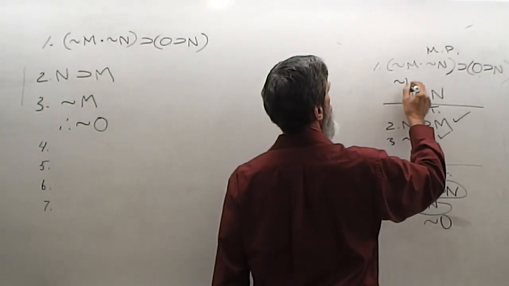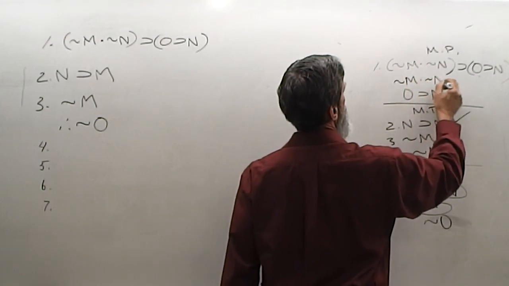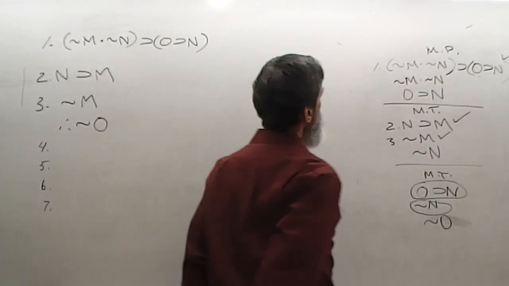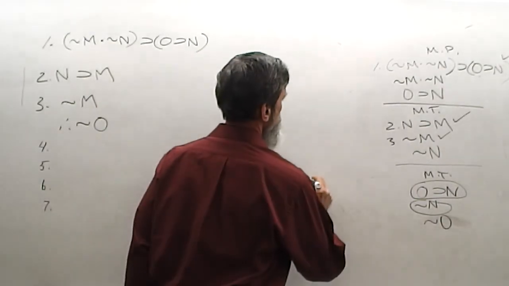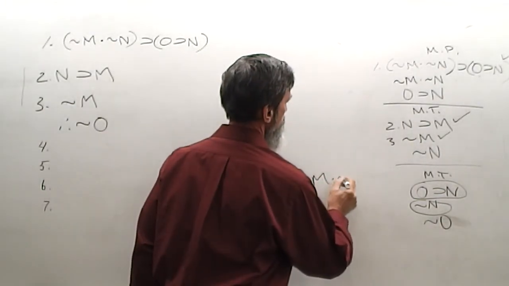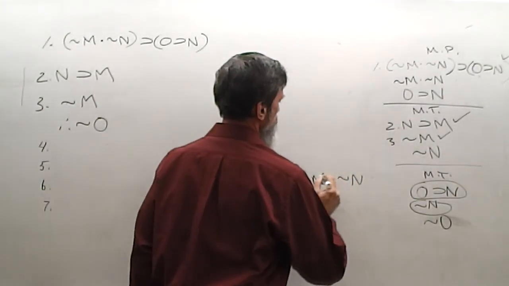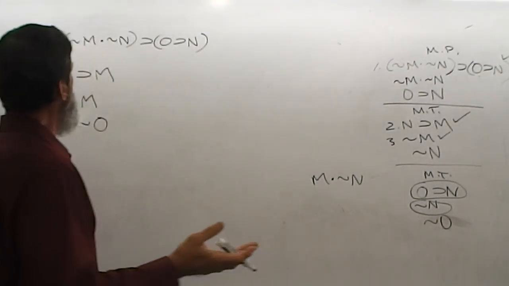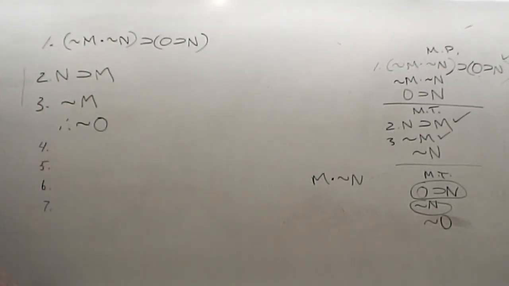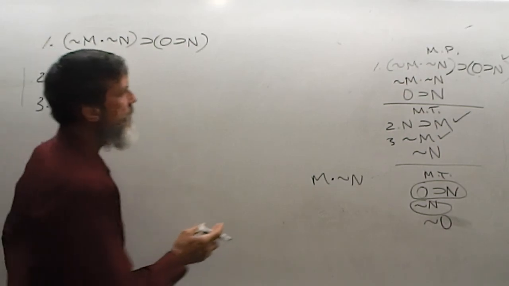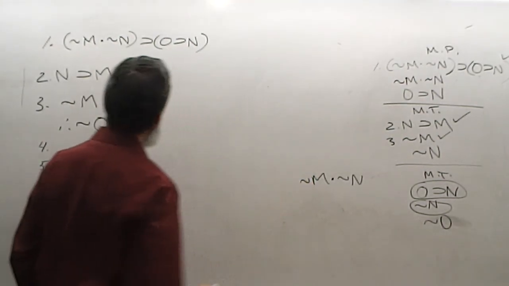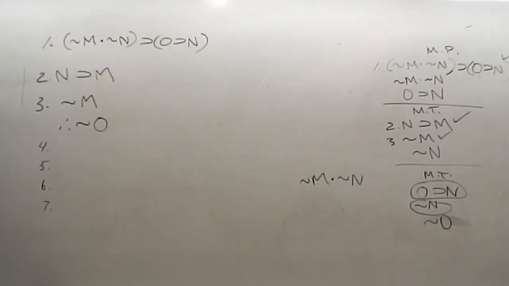Second premise? All you have to do is say to yourself, well, two things. It's not coming out of there because it's the antecedent of a horseshoe. Therefore, it is again a dot that doesn't exist.